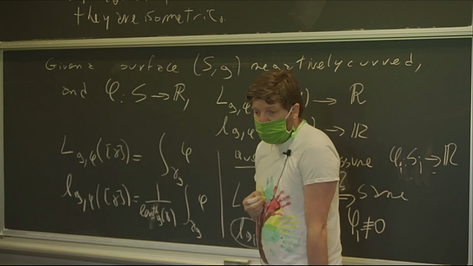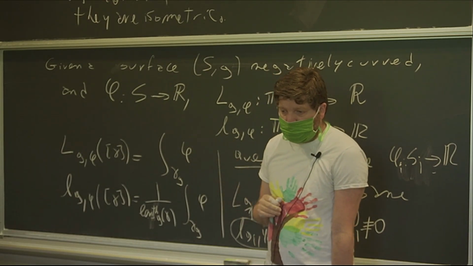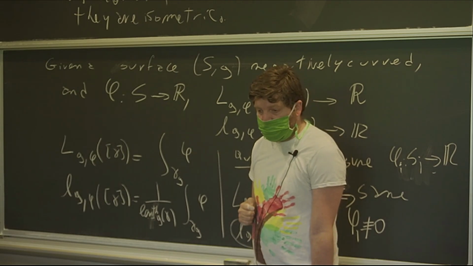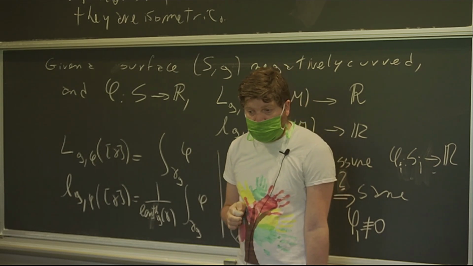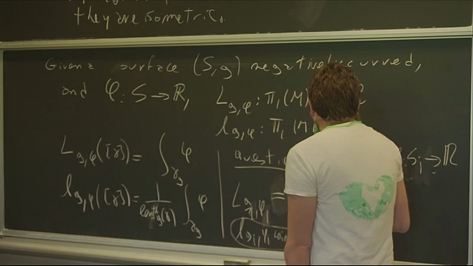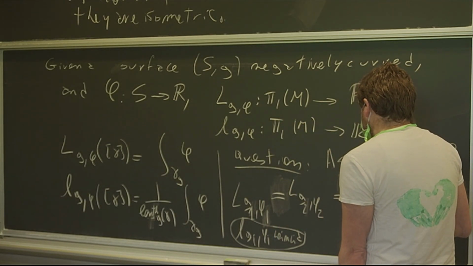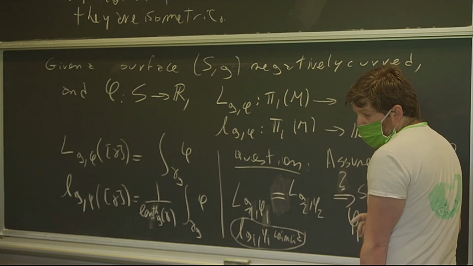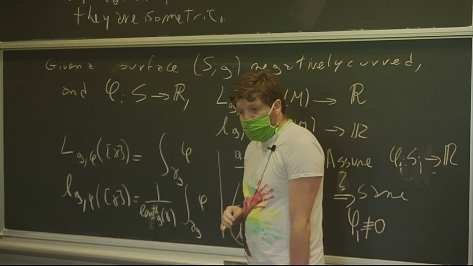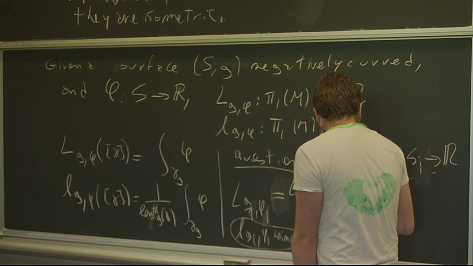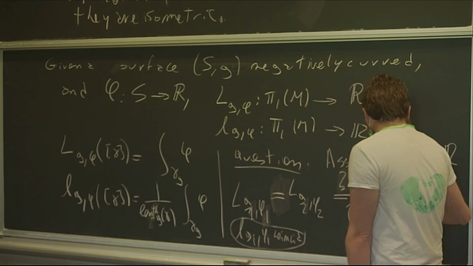So you can think you are having some temperature function on your surface, and you are just measuring the temperature whenever you pass through this. And for some reason, you have some agreement. Okay, so I will not answer this question yet, even though we can answer it at the end, but we really struggle very badly to answer it.